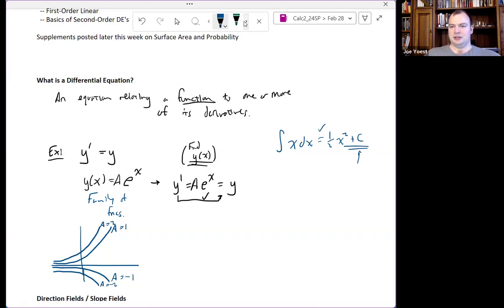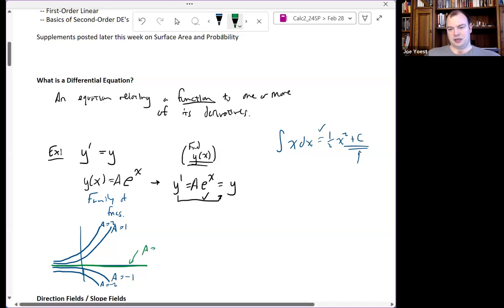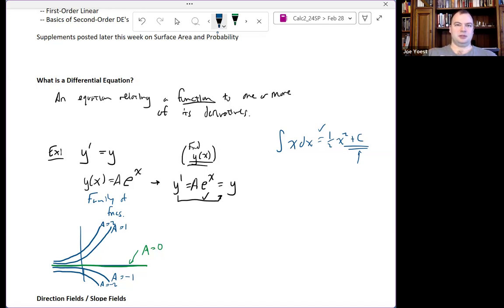And I'm going to draw this one in green just so we can see it. There is a solution right here along the x-axis corresponding to a equals 0. The 0 function, where for whatever input the output is 0, is also a solution, right? Its slope is 0, which is also what the value of the function is everywhere.